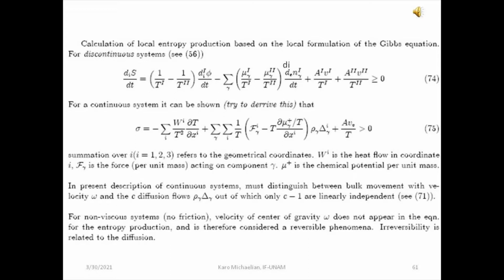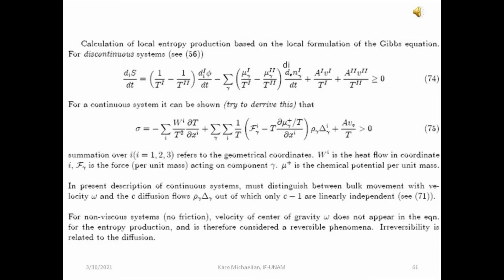Now in the present description of continuous systems, we must distinguish between the bulk movement with velocity omega, remember omega is the velocity of the center of mass of the system, and the diffusions of the c different components in the system with respect to that of the center of mass.